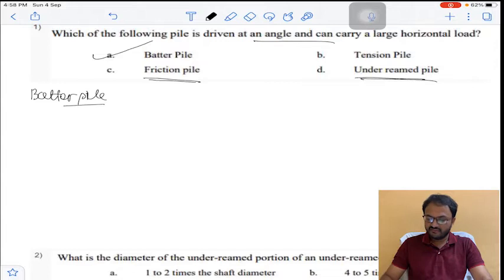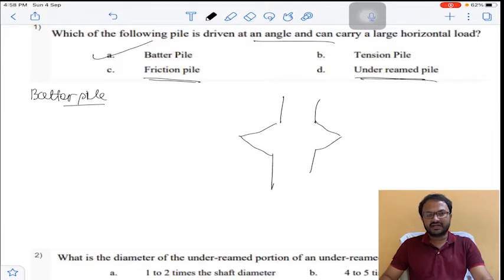There is formation of a bulb. These bulbs are provided to give effective cohesion between the material of the pile and the soil. Here, inclination can be provided in batter types of piles. Option A for question number 1.